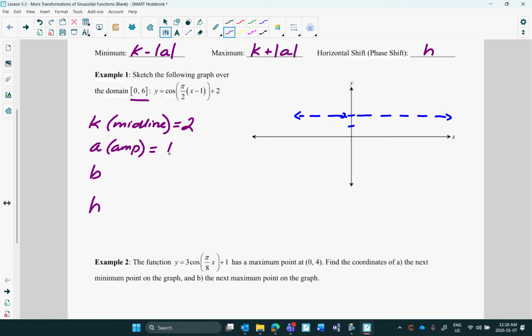So the amplitude is 1, which means these two pieces of information, I get the max by going 2 plus 1, and I get the min by going 2 minus 1. So the max is going to be 2 plus 1 or 3. So that's where my graph is going to top out. And my min is going to be 1, where my graph is going to bottom out.